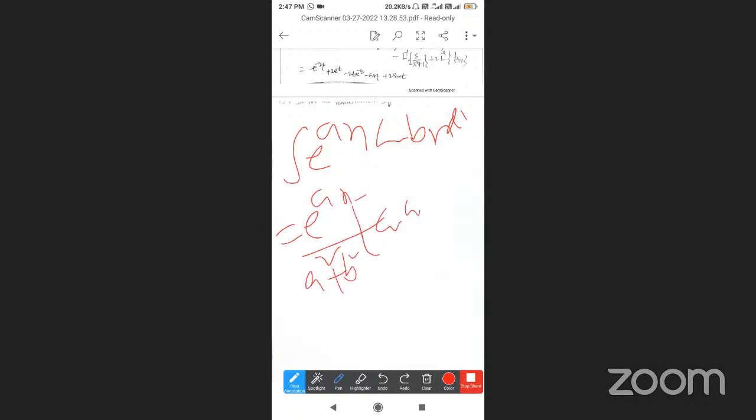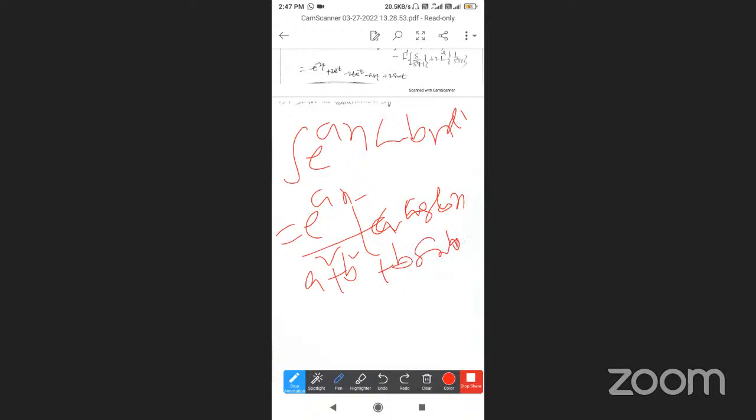The integral part also: the integral of e^(ax) cos bx dx. The formula is e^(ax)/(a² + b²) times (a cos bx + b sin bx).